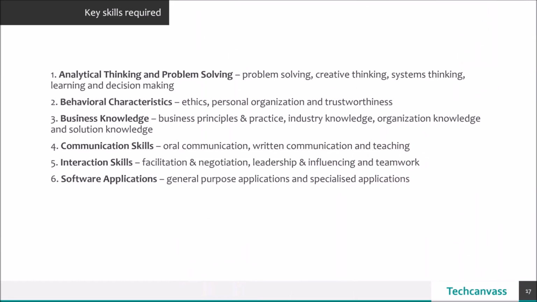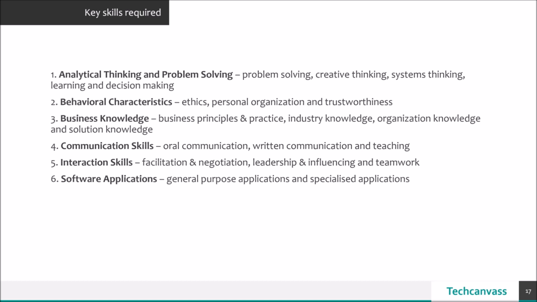We talk about the key skills required by a business analyst in general. Analytical thinking and problem solving, which I think is self-explanatory: how you can focus on the problem and on the solution of the problem.